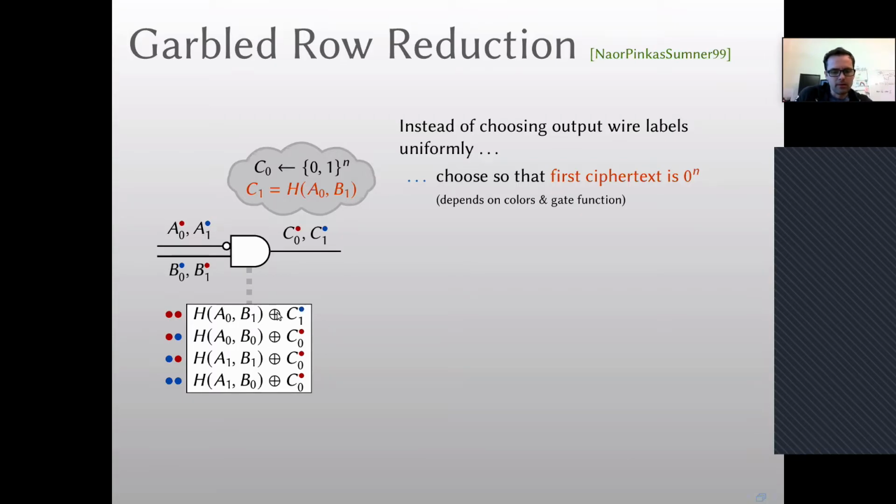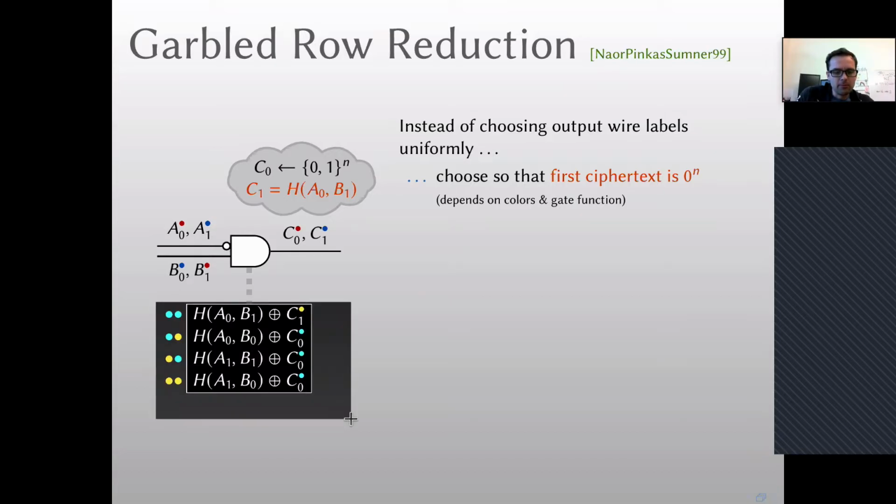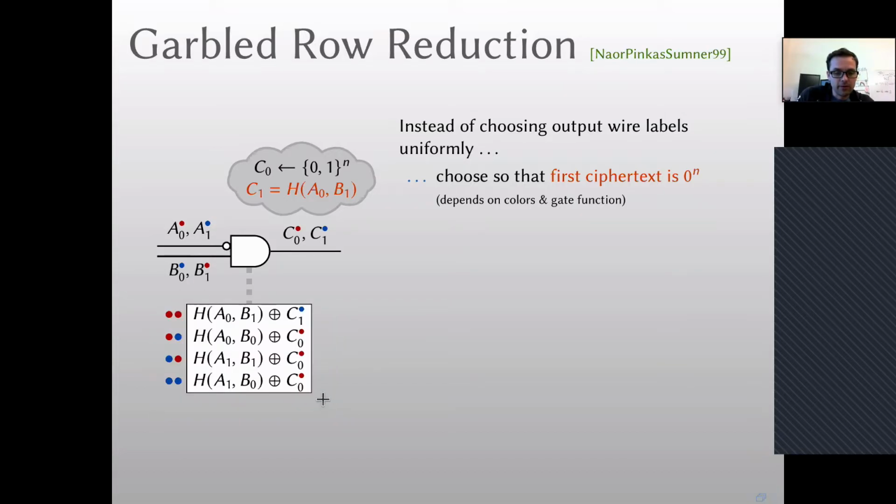Okay, and maybe if the point and permute bits were different, if these color bits were different, then a different one of these ciphertexts would be first in the list. And so maybe I wouldn't choose C1 to be this value. Maybe I would choose C0 to be equal to one of these 3 outputs of H. So that's why I say I always want the first ciphertext to be all zeros, but which ciphertext is first depends on these color bits.